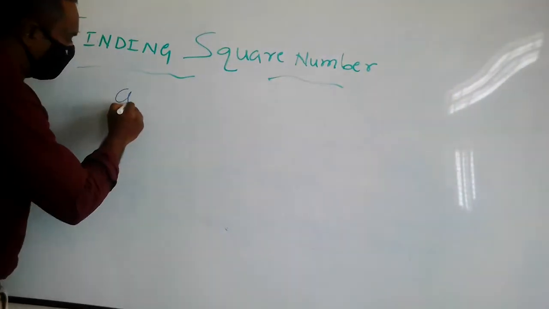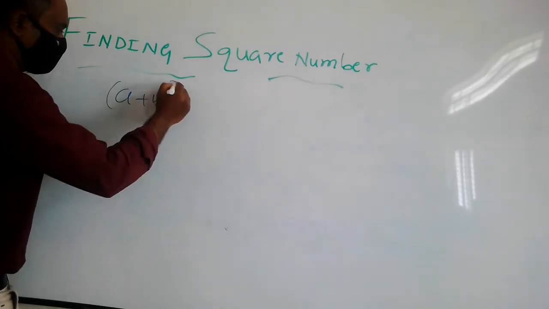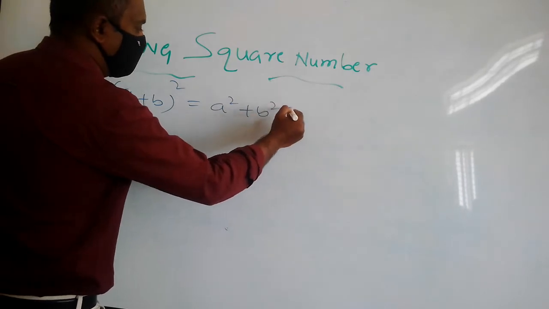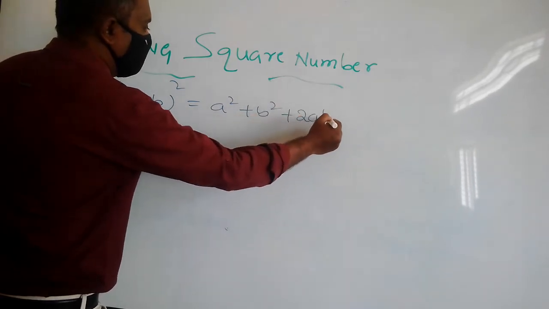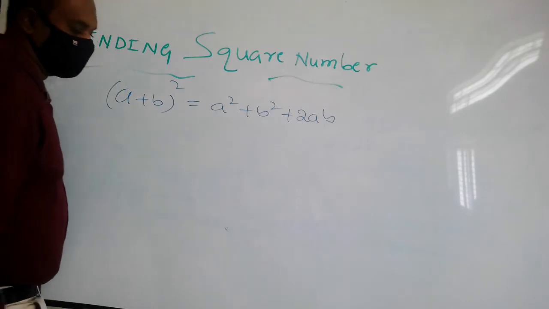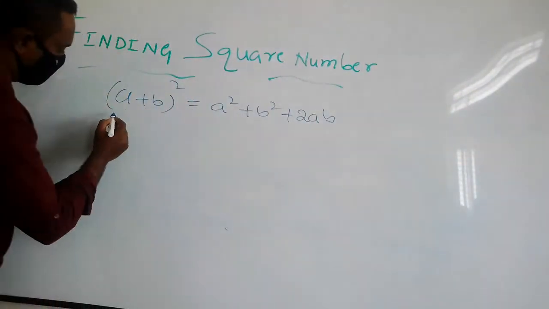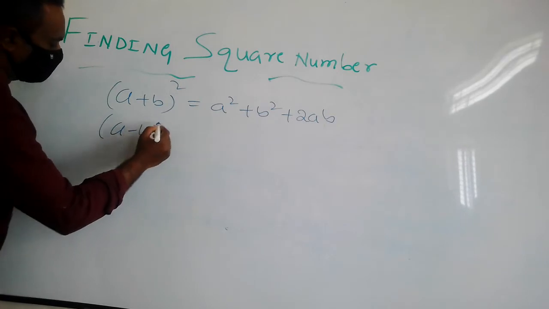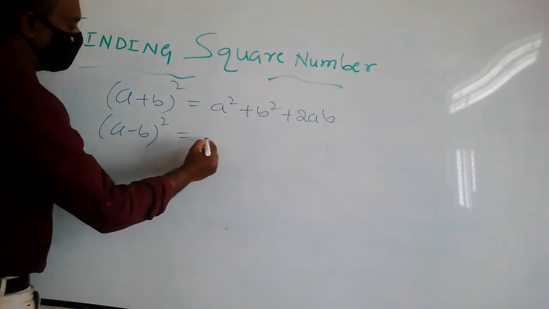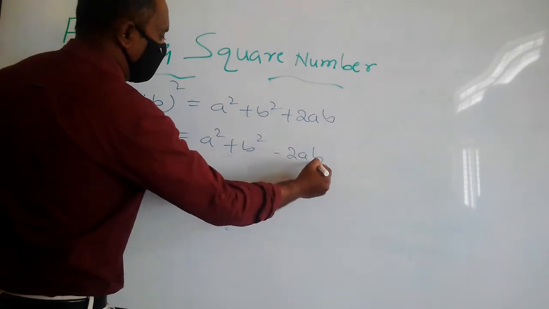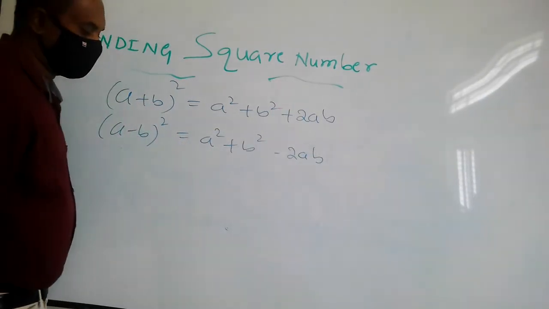The first one, a plus b whole square, is a square plus b square plus 2ab. Next one, a minus b whole square, is a square plus b square minus 2ab. Write down these two formulas.